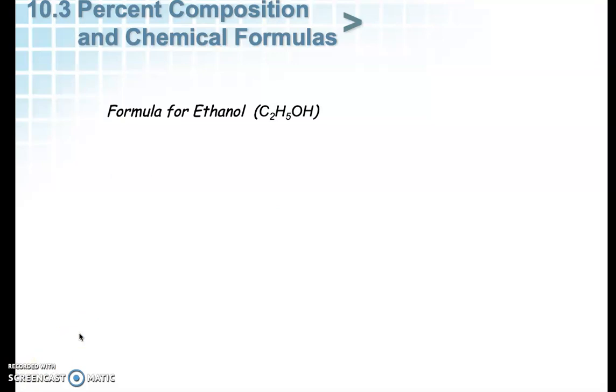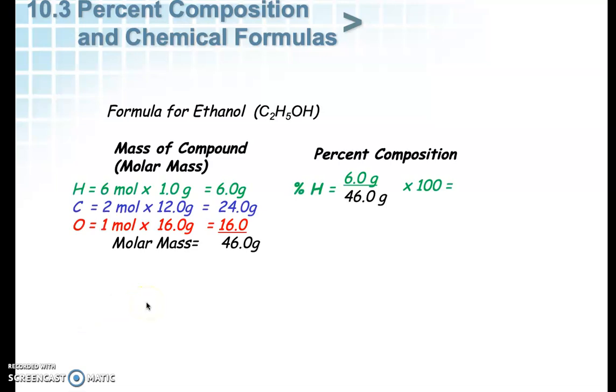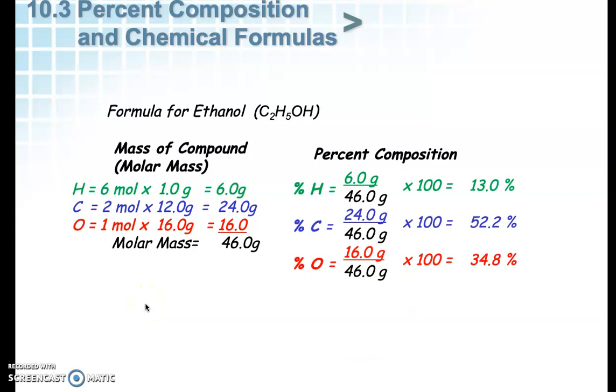Okay, so for this problem, let's take a look here. You should get 6 grams for hydrogen, 24 grams for carbon, 16 grams for oxygen. So the molar mass is 46 grams.